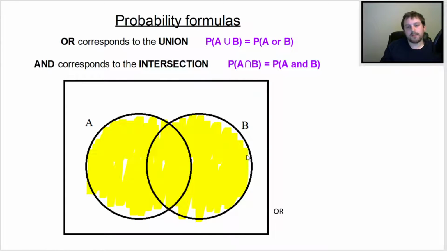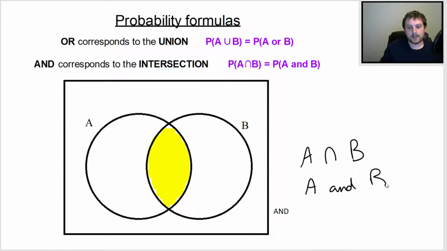So that's A union B, which is A or B. And then for the and, it's just the bit in the middle. It's both of them simultaneously, both of them at the same time. A is true and B is true. So this is A intersect B, which is also the same thing as saying A and B.